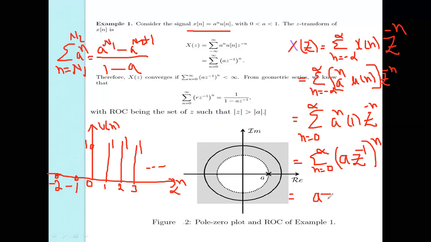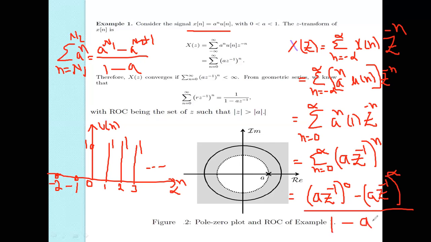So a z power minus 1 whole power n1. What is the n1 here? 0. Minus a z power minus 1 whole power n2. What is the n2? Infinity. Infinity plus 1 is again infinity, divided by 1 minus a z power minus 1, because it's 1 minus a.